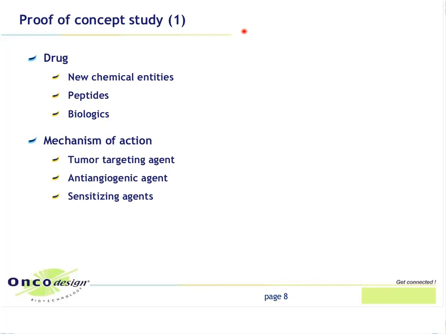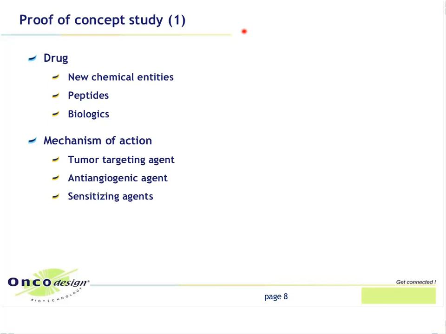Is it a targeting agent? Does the mutation need to be present inside the tumor cells? Is it an anti-angiogenic agent which targets stromal cells or endothelial cells? In that case, we have to consider the murine component and not only the human component inside the tumor.